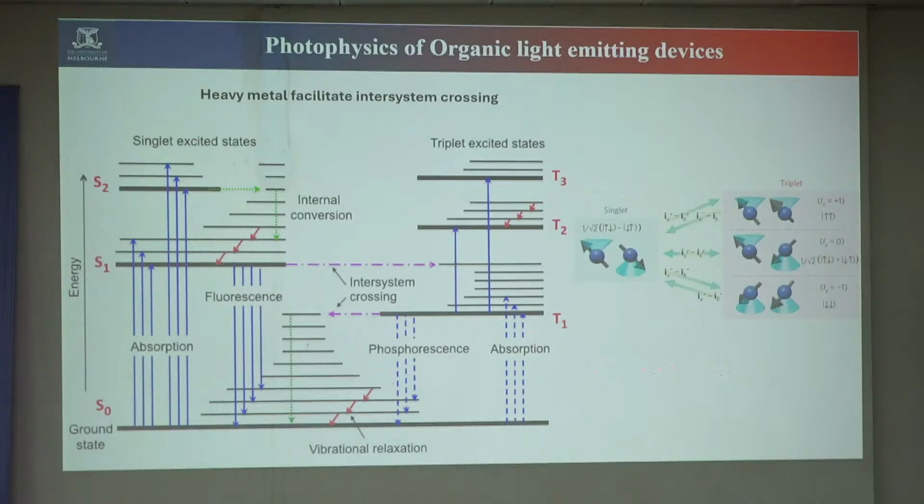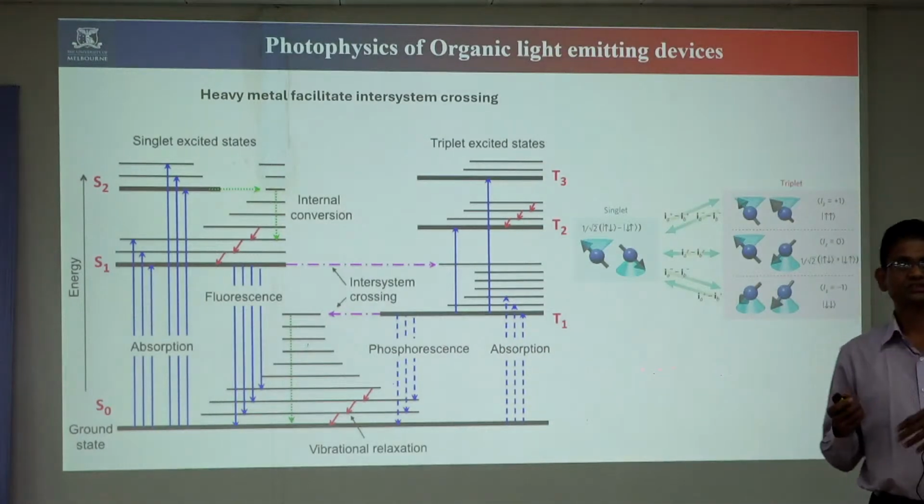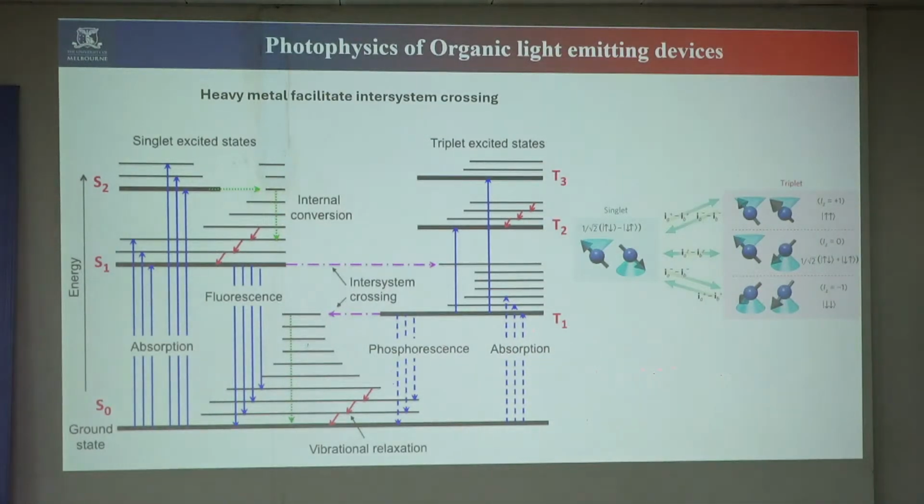So if the material is fluorescent, we can extract only 25% of the energy as fluorescence. The remaining 75% goes to phosphorescence. That's why, in the initial stage, the fluorescent lamp was not effective. We were getting an internal quantum efficiency of 20%.